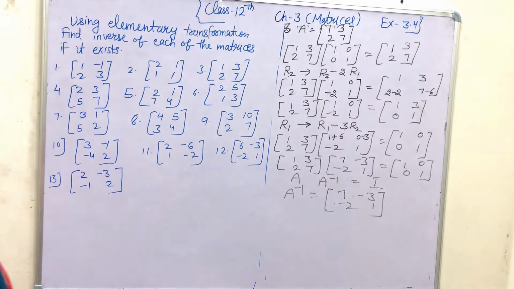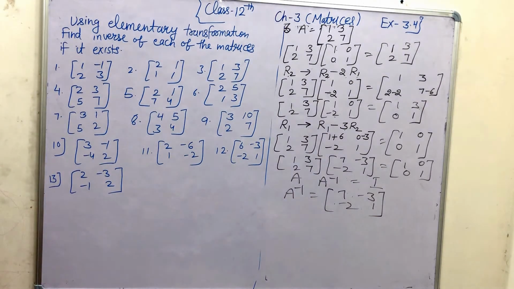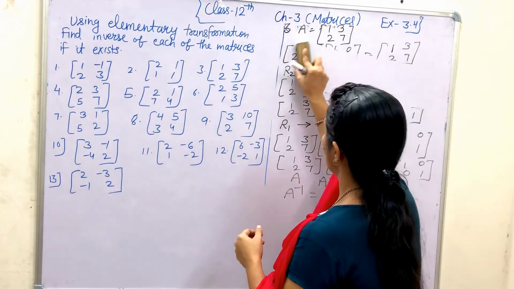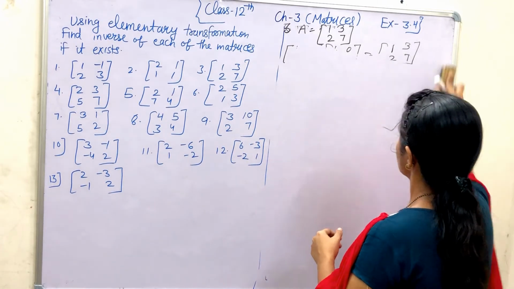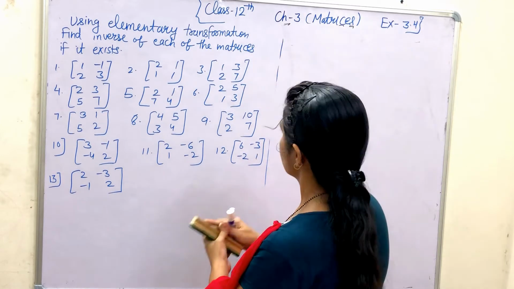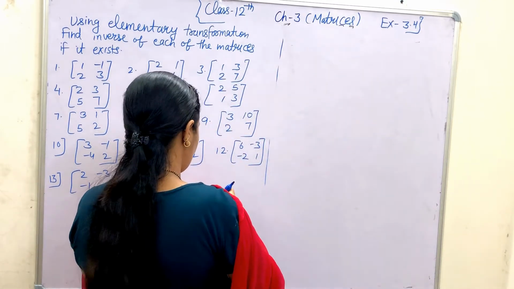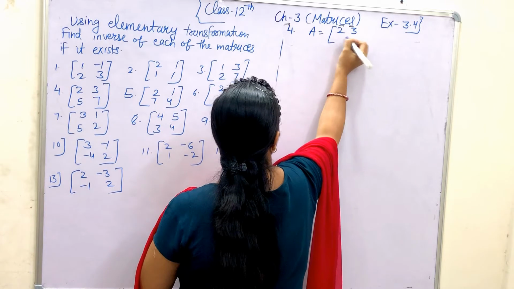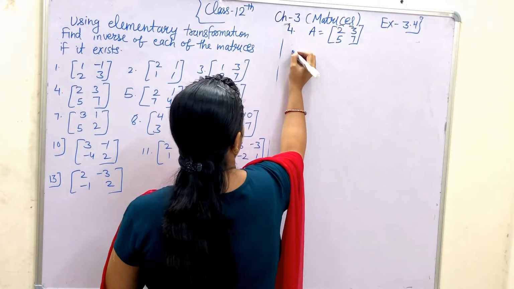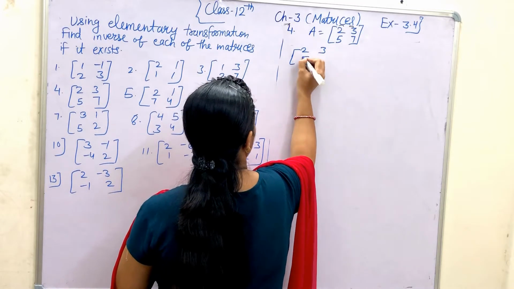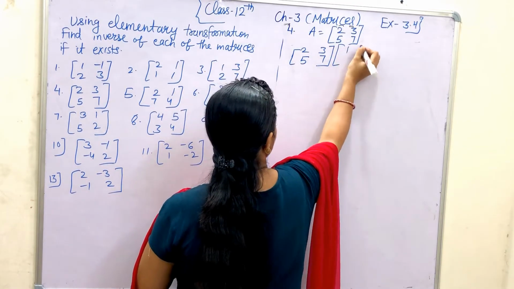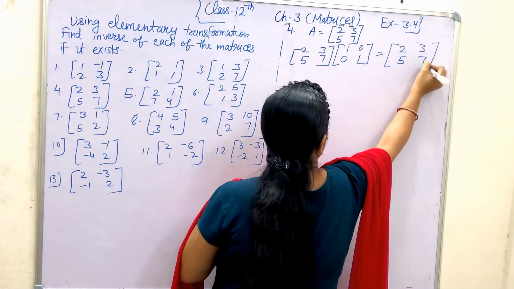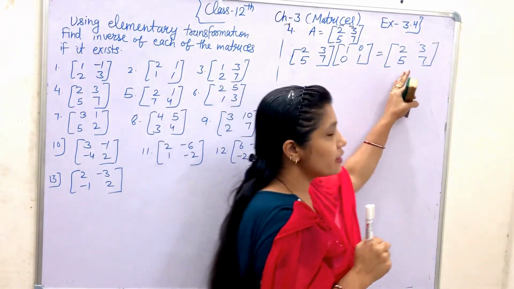Now our fourth question: A is 2, 3, 5, 7. 2, 3, 5, 7, identity 1, 0, 0, 1, equal to A. We know that we have to make our right hand side identity.